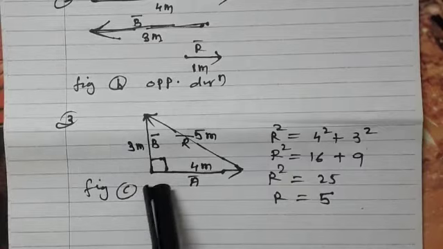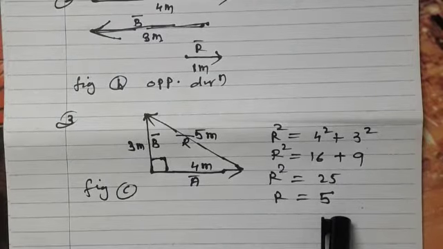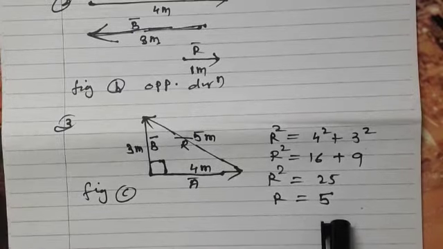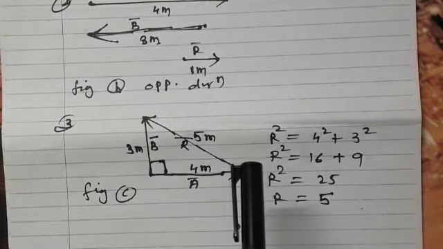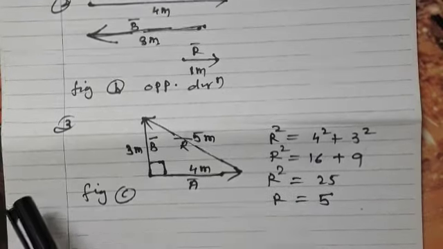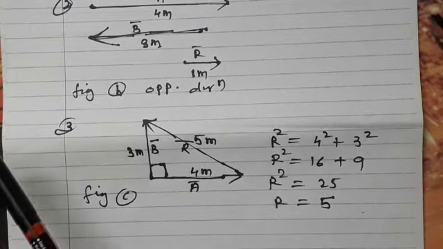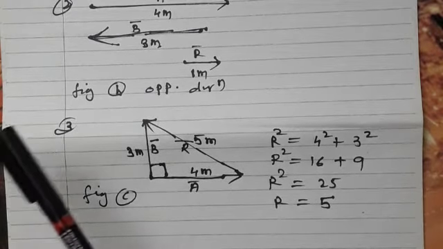If the two vectors are mutually perpendicular to each other, then the resultant is 5 meters. This shows that vectors cannot be added or subtracted by the rules of algebra. From this example, we can write this.